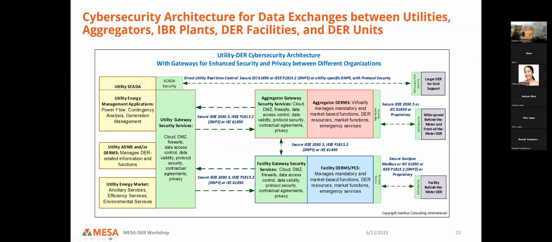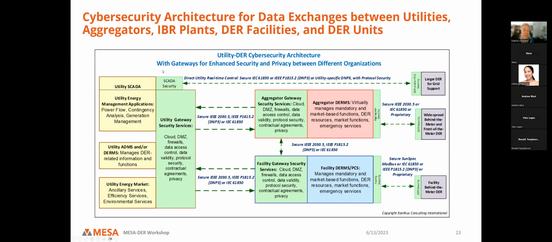Another way of looking at this is that we can have the utilities here on the left with their SCADA systems and energy management systems, maybe their ADMS and DERMS systems, as well as their market aspects.